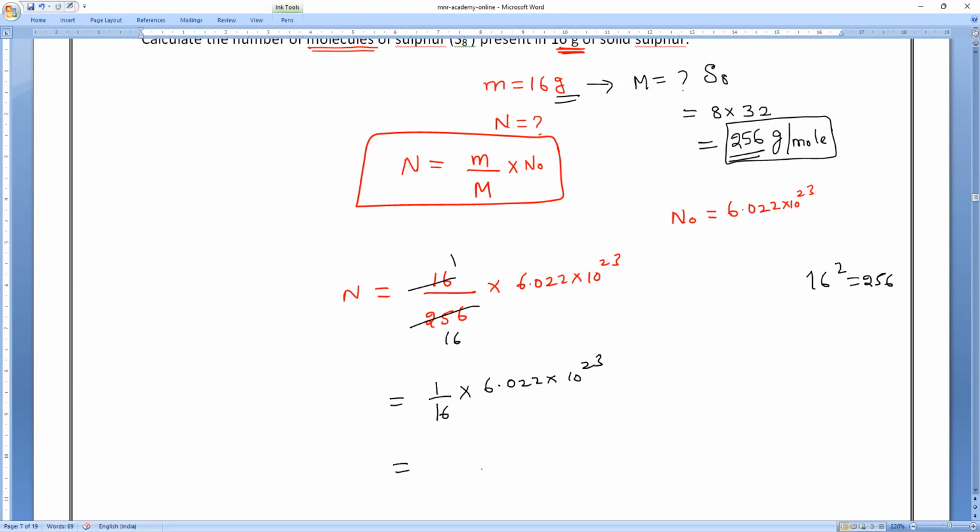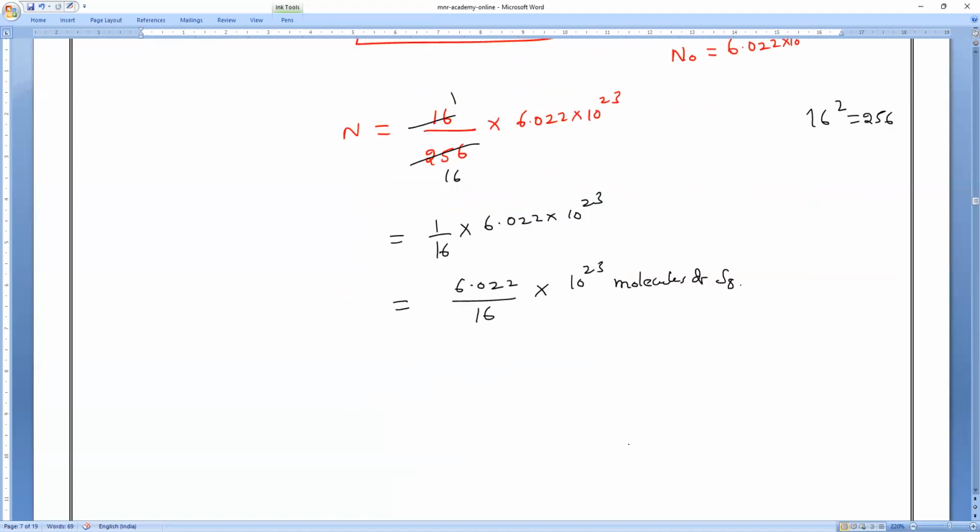You will get the answer. What will the answer be? 6.022 divided by 16. Don't disturb the power, write it as usual: 10 power 23 molecules. Molecules of S8. So do this division, everybody. You will get a decimal. 6.022 divided by 16 gives 0.376375.